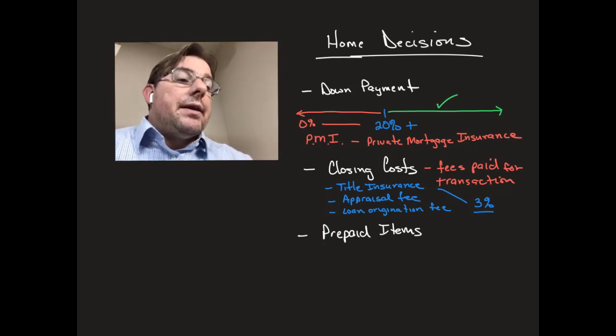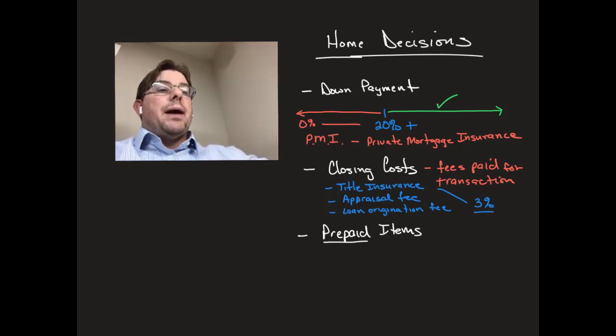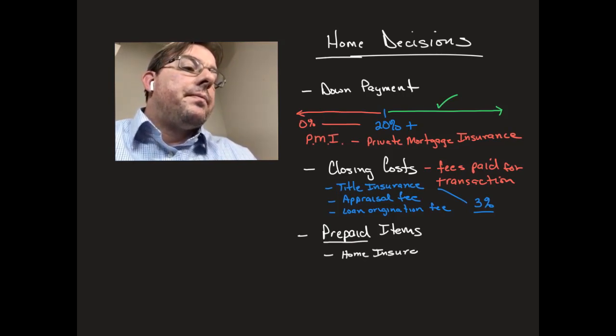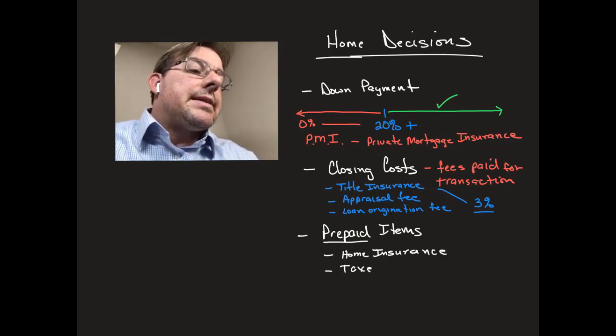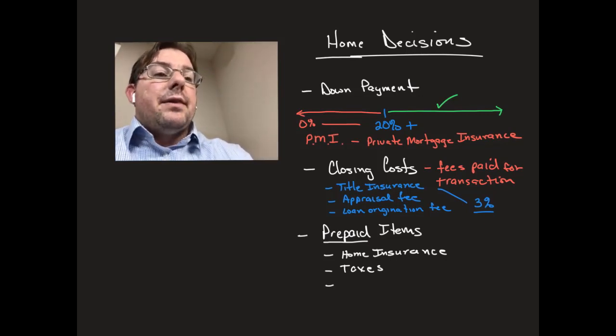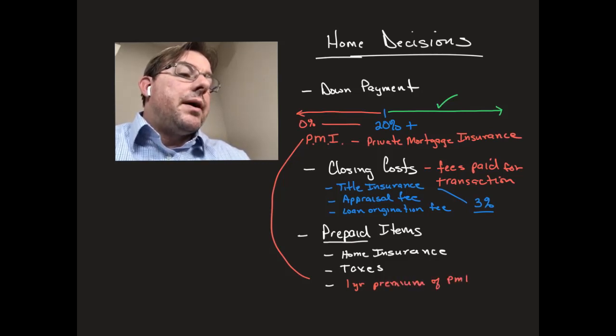Now, keep in mind, these are prepaid. These are going to be items that you are paying for something in advance that will be paid later. A lot of times here we will see your home insurance premium. We'll also find typically our taxes. And if you happen to have this nasty PMI, you typically will pay 1 year premium of PMI.